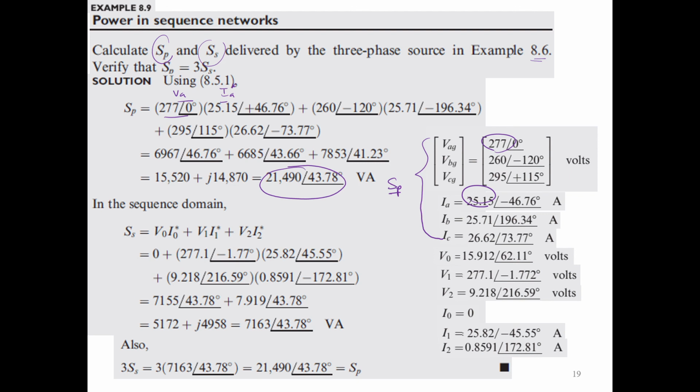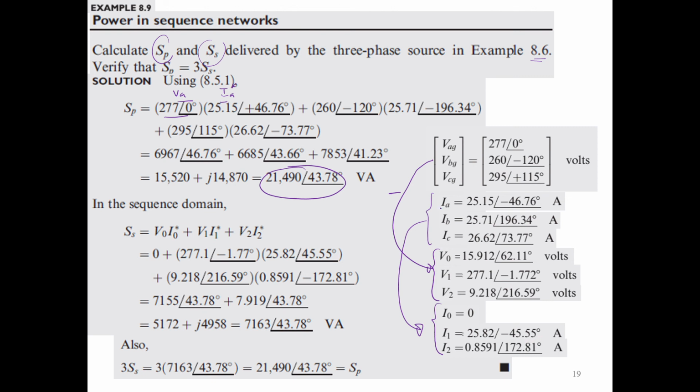In order to achieve this, you need to transform the voltages VAG, VBG, VCG to V0, V1, V2, and also you need to transform IA, IB, and IC to get these three lines.